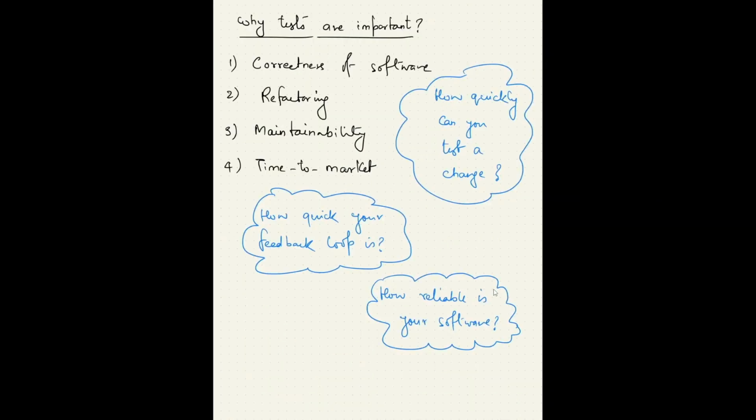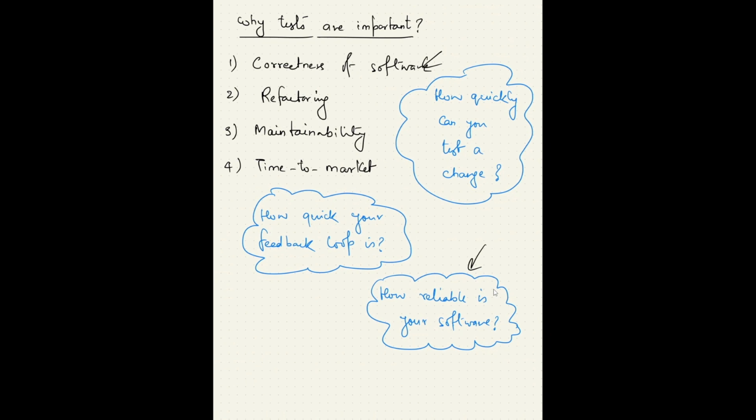In this video, we will discuss why test cases are important. So we need to ask a question: how reliable is a given software? If there are no test cases, if we cannot test the correctness of the software, then there is no way to say that this software is reliable. We have no confidence as far as the reliability of that software is concerned.